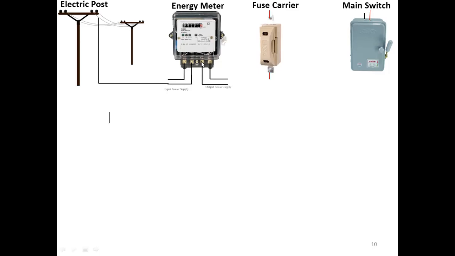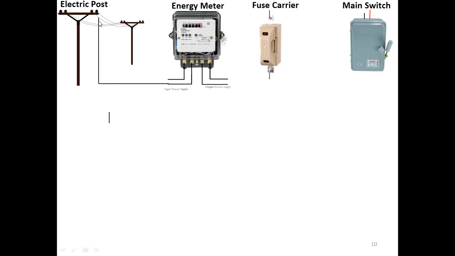S1, S2 are your source side, and L1, L2 are your load side. Now the neutral is connected directly. This line is called your service connection, with the help of reels, with the help of earth wire, as you can see.